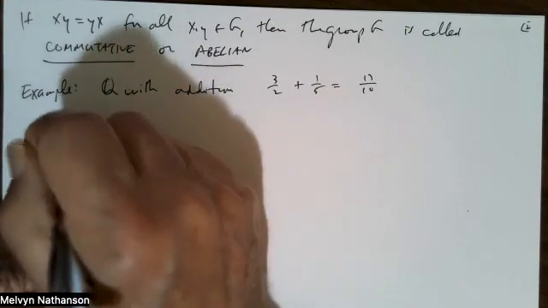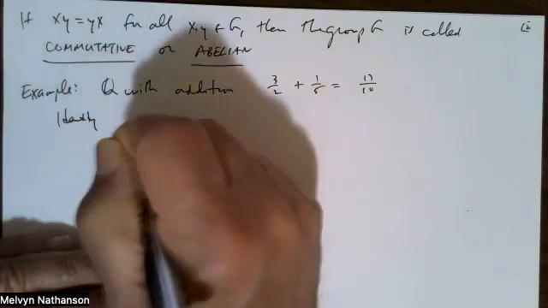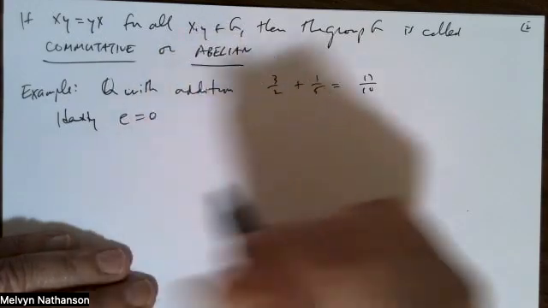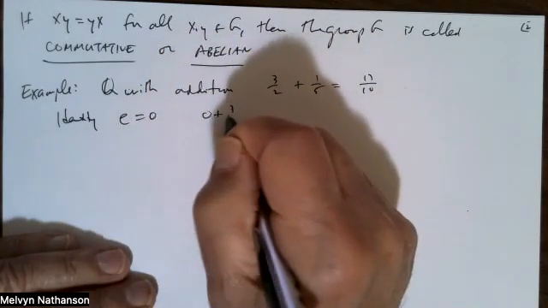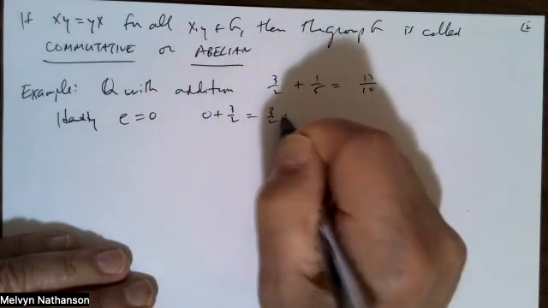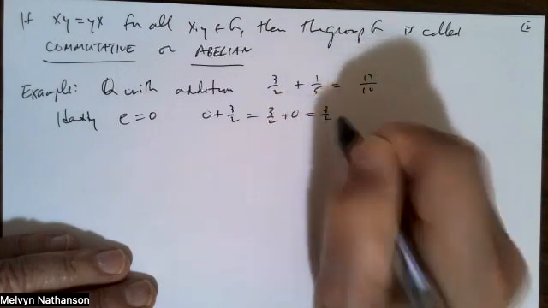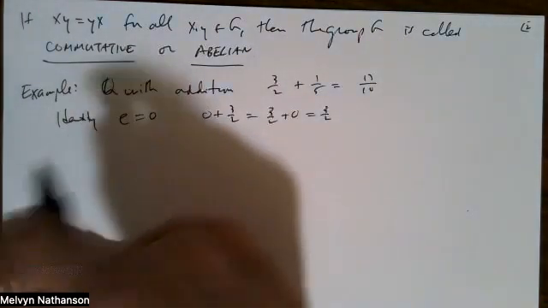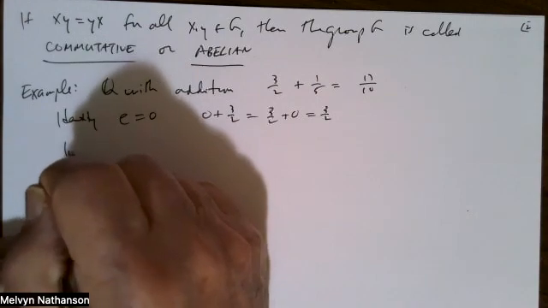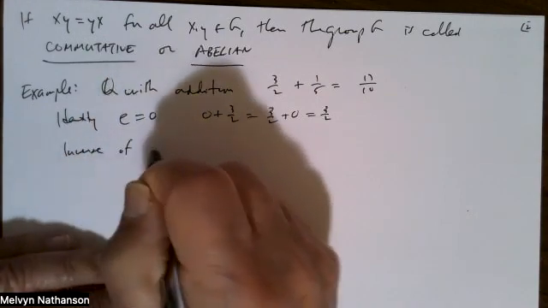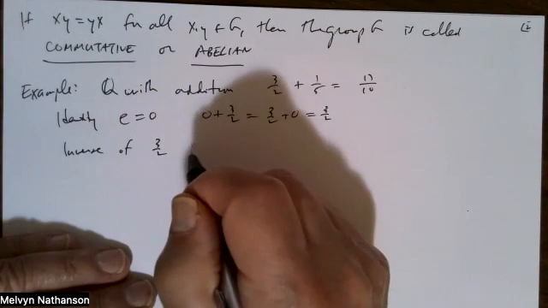And the identity element, E, is just the number 0. 0 plus any fraction just recovers the fraction. And the inverse of 3/2 exists.